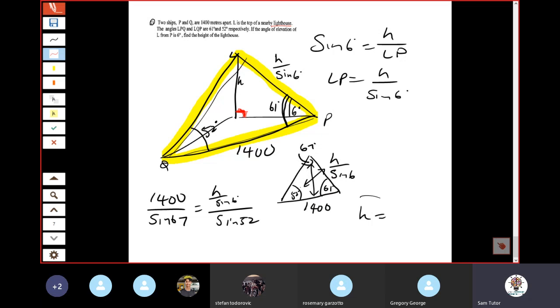And the 2 angles I choose must be opposite the sides I'm going to use. So that's 52 degrees. So I chose H on sine 6 degrees with 52. And then I need to work out this third angle, sum of a triangle, and did that with 1400. And then just times by sine, you'll get H.